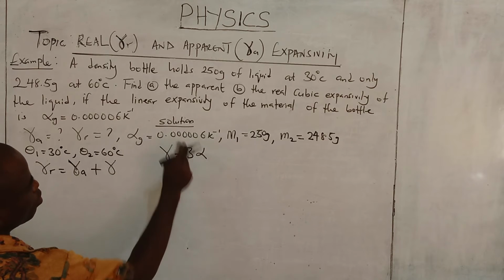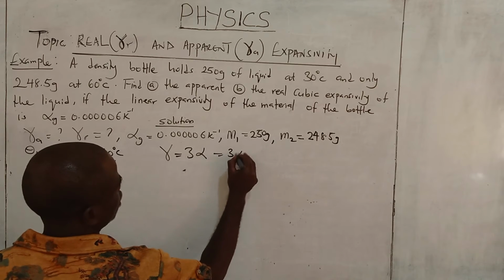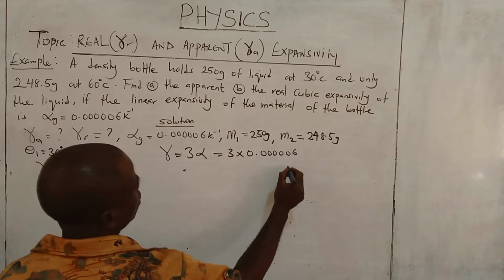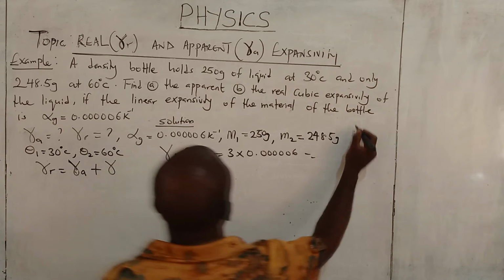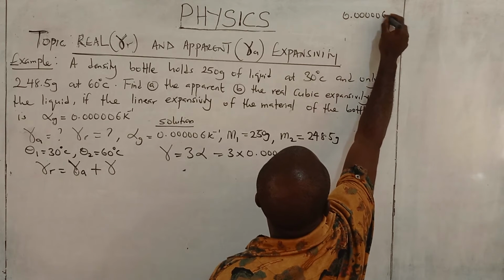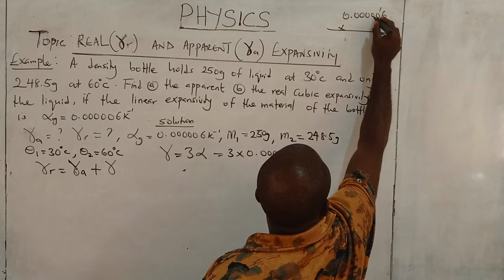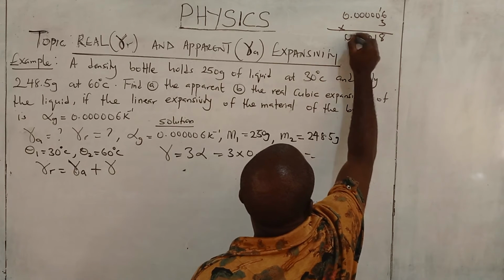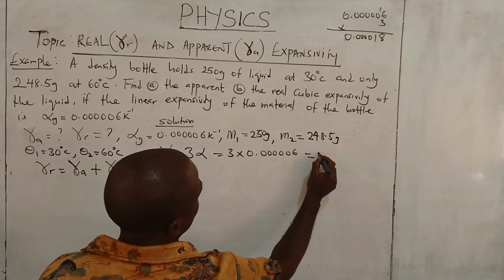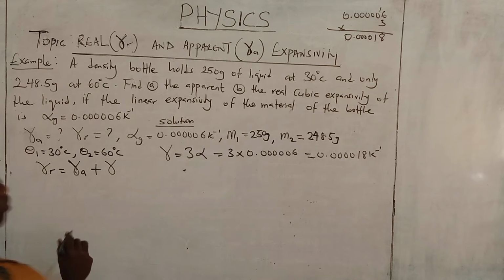You multiply the given linear expansivity by 3, which is 3 times 0.000006. 3 times 6 is 18, which gives 0.000018 per Kelvin.